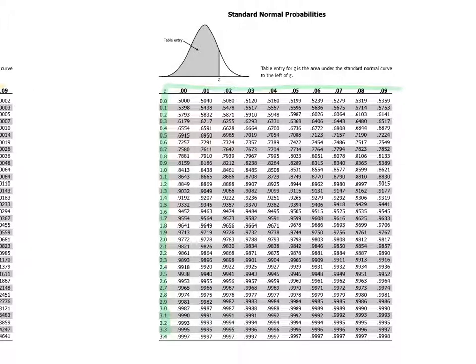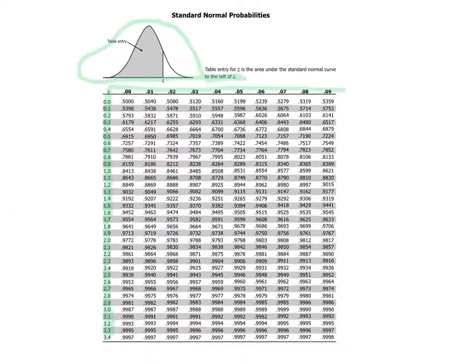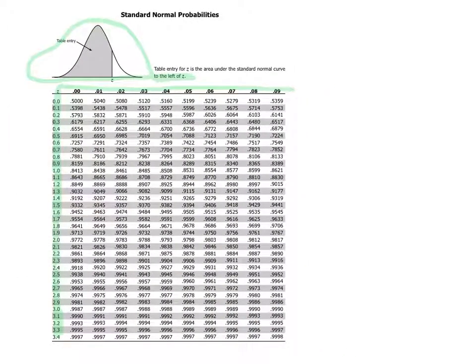Okay, so this picture at the very top is going to help us a lot to understand about the table. The area in the table is always area to the left of z, and this little picture helps you to remember that. To find a value, I'm going to go with the positive side of things for right now. You might see it written a couple of different ways.